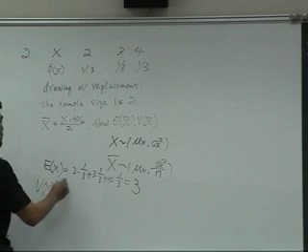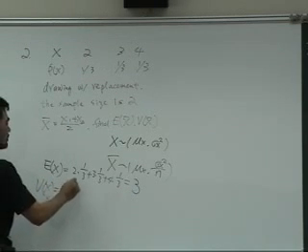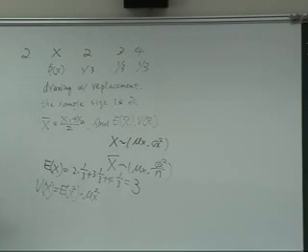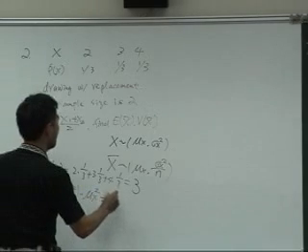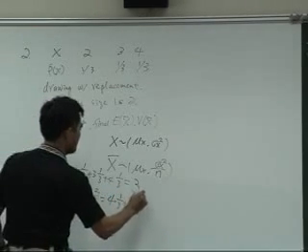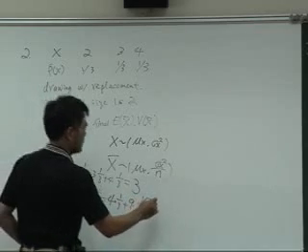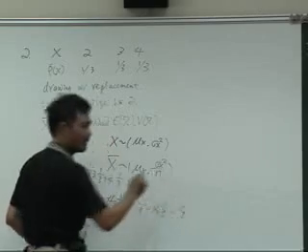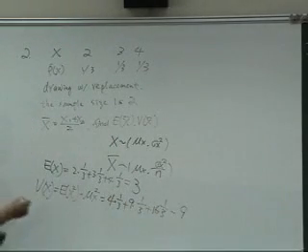Variance of X is equal to the expectation of X squared minus mu_X squared, right? So that is 4 times 1/3 plus 9 times 1/3 plus 16 times 1/3 minus 9.